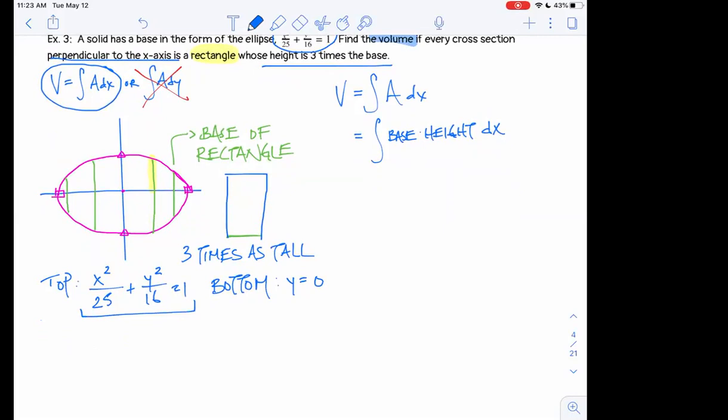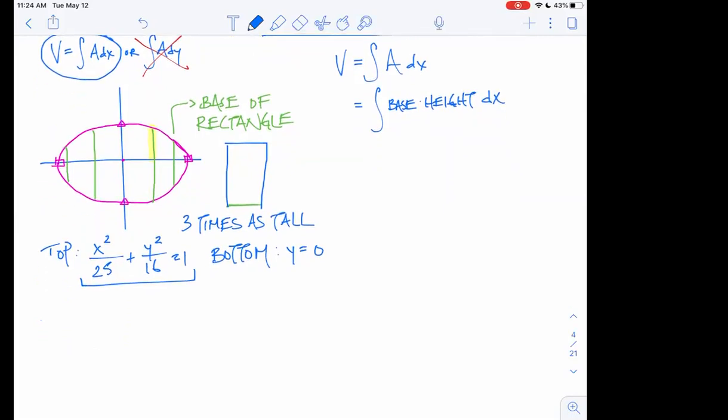Okay. So I'm going to go ahead and multiply the whole equation by 400. And let's see what happens when I multiply the whole equation by 400. 400 divided by 25 is going to give me 16x squared. Plus 400 divided by 16 is going to give me 25y squared equals 400 times 1 is 400.